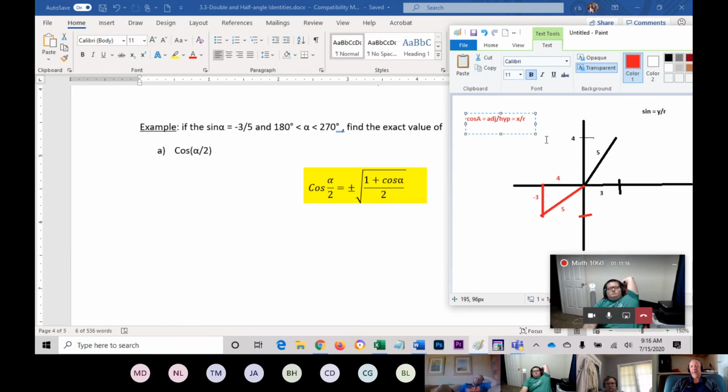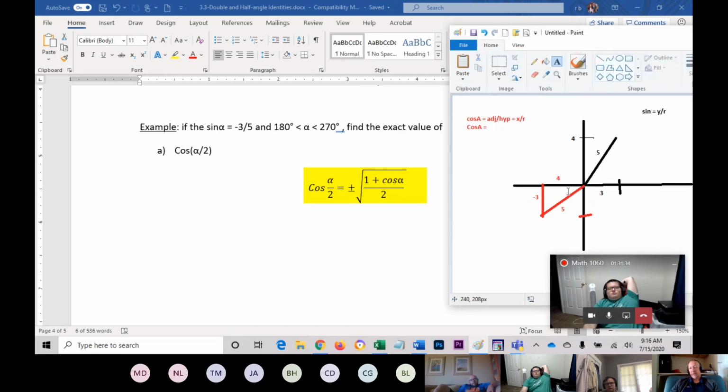That was on our last test, but you'll definitely need to remember that. So cosine of alpha in this case is going to be, remember, this is my alpha here.